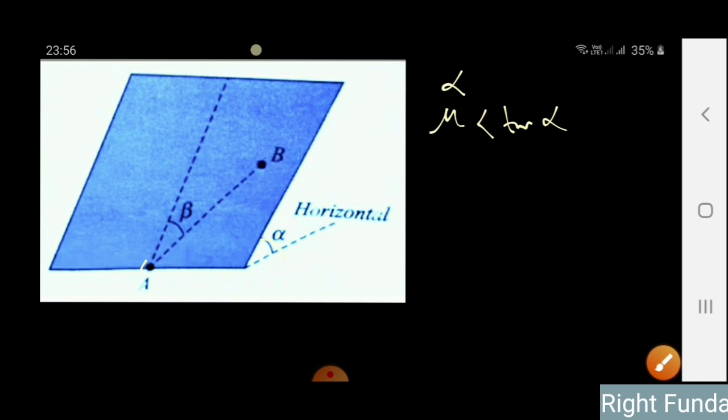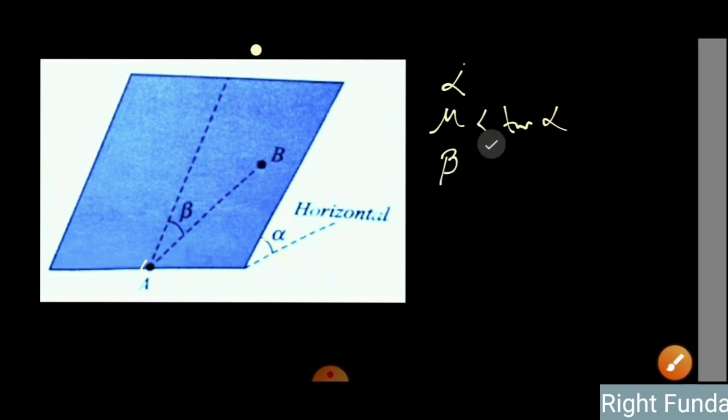The charged particle is put in the line making this angle beta, and it remains in equilibrium. So alpha, beta and mu are given, and from these we have to find out the condition, for what maximum value of beta it is possible that the particle will not slide down and will remain in equilibrium.